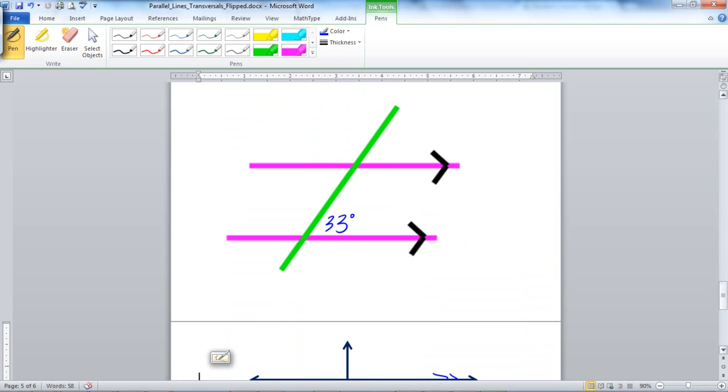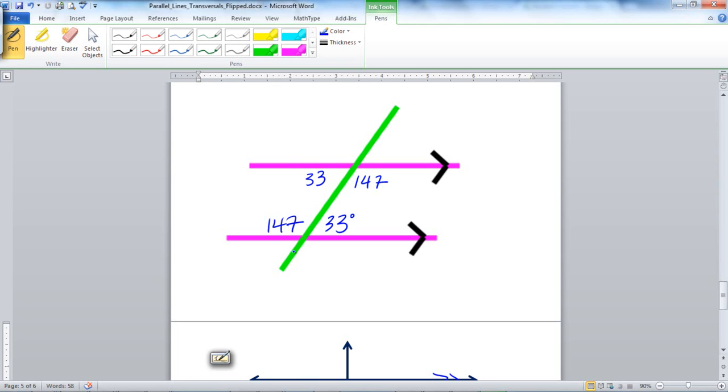So sometimes they're going to give you a problem like this and say, here's 33 degrees, find all of the angle measures in here. You can apply any relationship you want. Alternate interior, that's 33. Consecutive interior, same side interior, so 180 minus 33, that's 147. But if that's 147, we know that's 147.